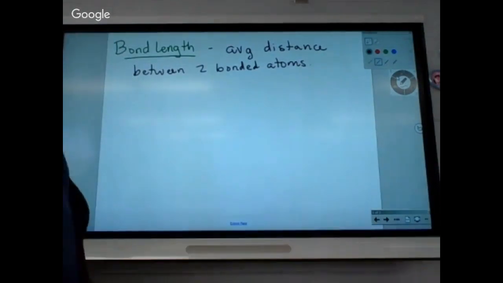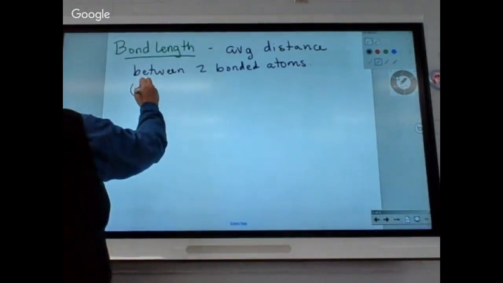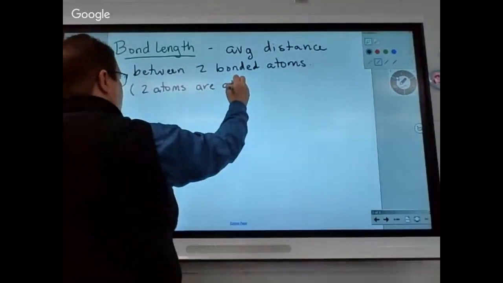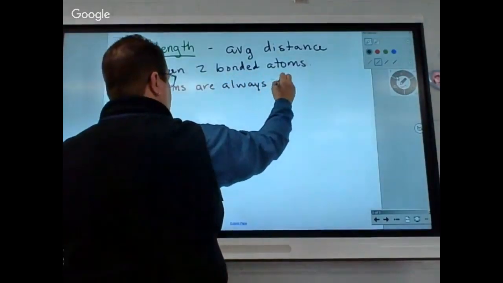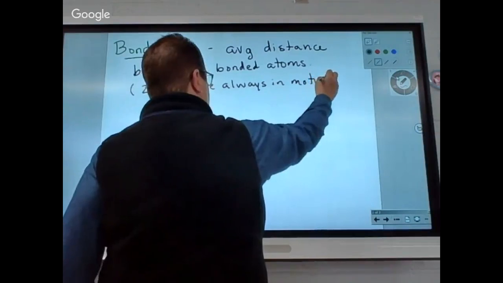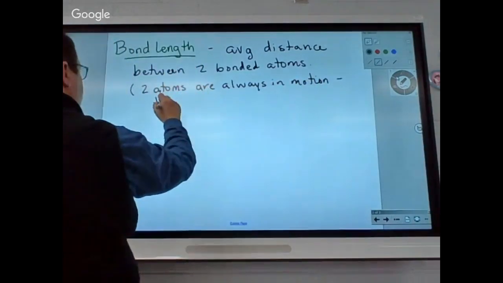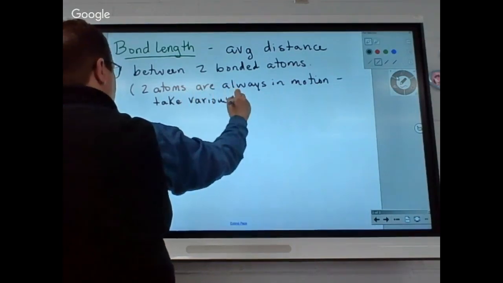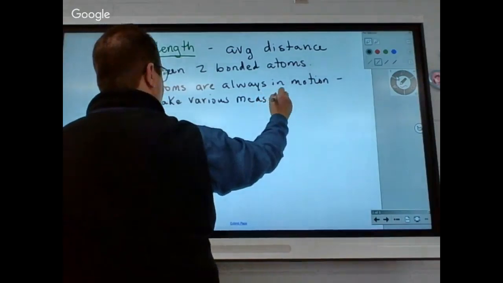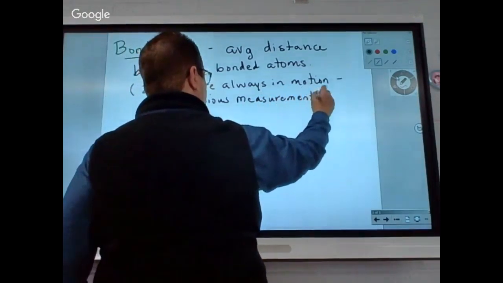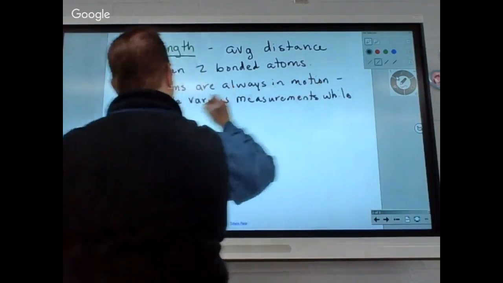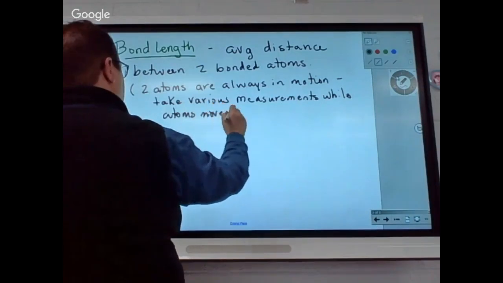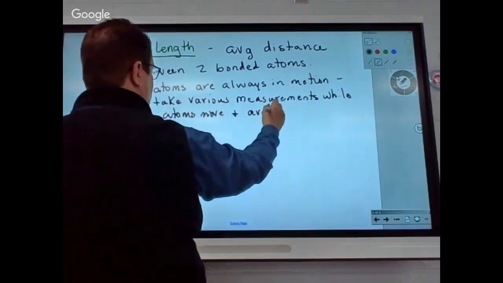It's the average distance because 2 atoms are always in motion. So we take various measurements while the atoms move and average them.